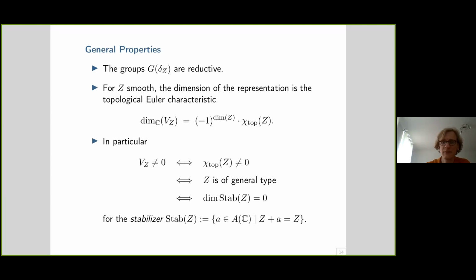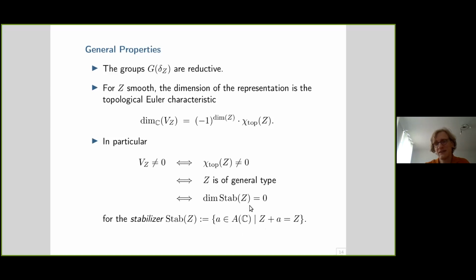So this is the representation. It's non-trivial if and only if the subvariety is of general type, which is the same as saying, in this case, it's not fibered by abelian subvarieties. So you look at the stabilizer, which is defined to be the subgroup of points such that if you translate the subvariety by the point, then you get again the same subvariety.